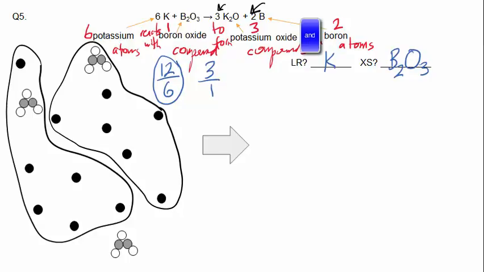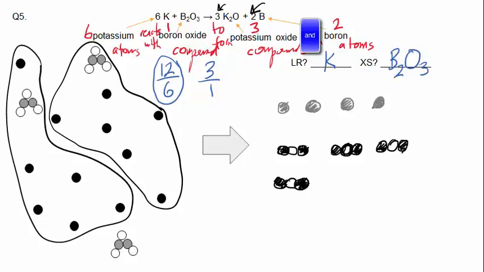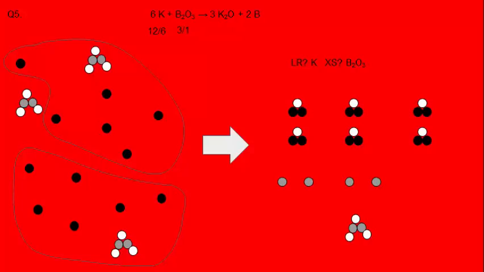So I'm going to draw the 4 Bs first, because that's going to be easier. And then I'm going to draw my 6 K2Os. And then we draw our leftovers. When you do the drawings, make sure the atoms in the same particle are touching each other. And that can be seen on our next slide here.